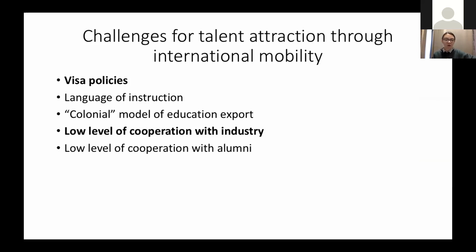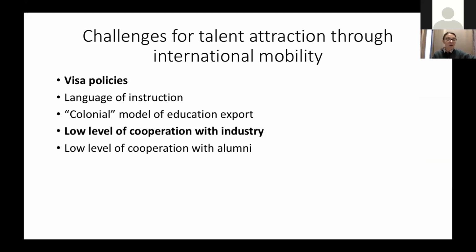And many programs in Europe and the US include internship as an optional or even obligatory part of the study program, which helps students to become familiar with the job market and so on. Unfortunately, this is not developed in Russia yet, at the same level as in other competing countries.